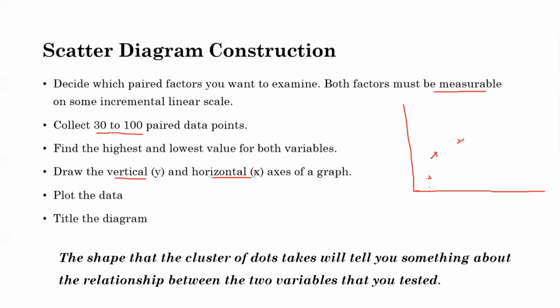So the data that you collect needs to be in pairs. That means data collection point 1 2 3 4 እያላችሁ ትሄዱ ትችላላችሁ. You have x and you have y.